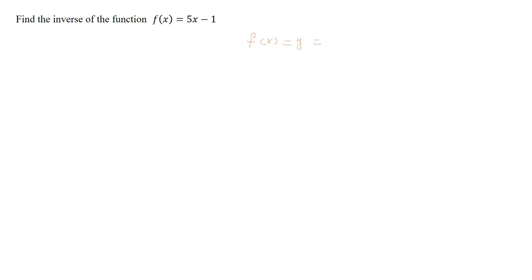From this, x is equal to f inverse of y.